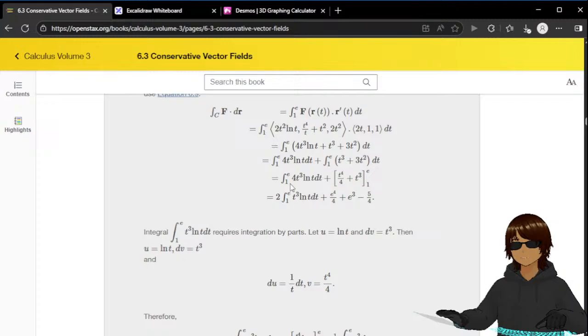This part is the confusing part: for t cubed ln t, the integral requires integration by parts.